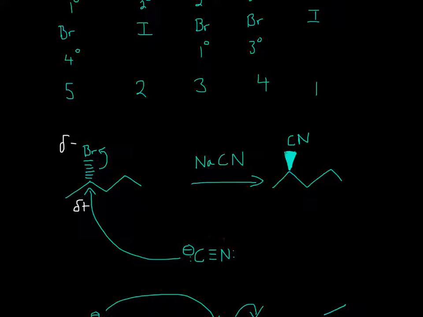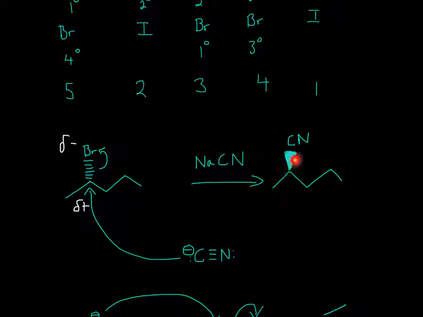So a nucleophile wants to give away electrons to an area that's positive. Negative and positive attract. So this negative will attack this partially positive place because the bromine is pulling the electrons toward itself. And then the bromine will leave because it's stable with the negative charge. And so this will attack here and then become this compound.